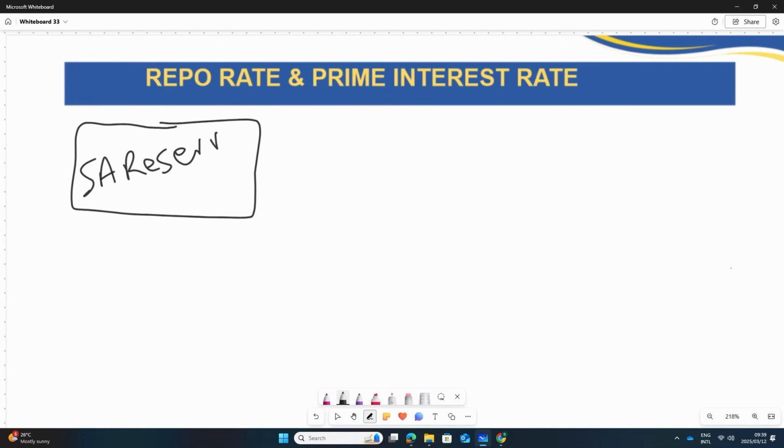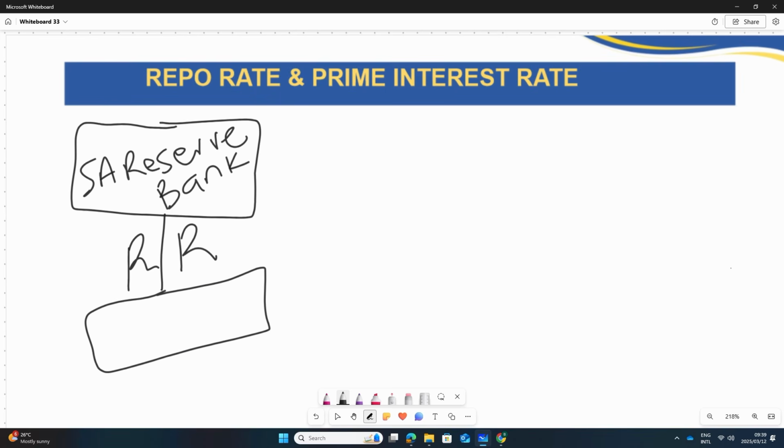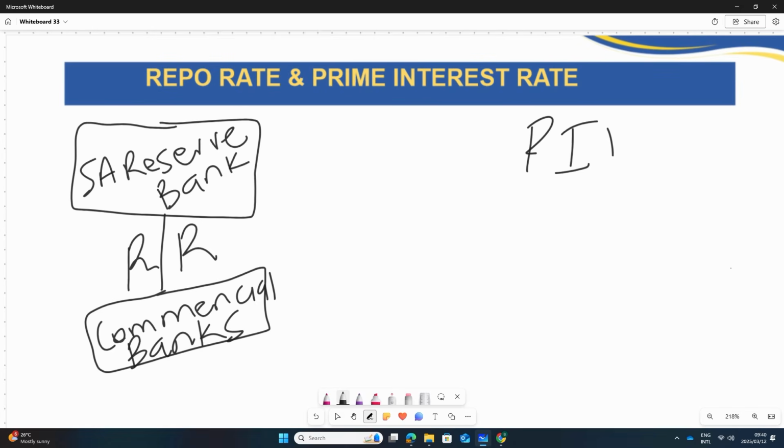The repo rate is used by the South African Reserve Bank to adjust interest rates, and the repo rate is the rate at which the commercial banks can borrow money from the Reserve Bank. And we also have what is known as prime interest rate.